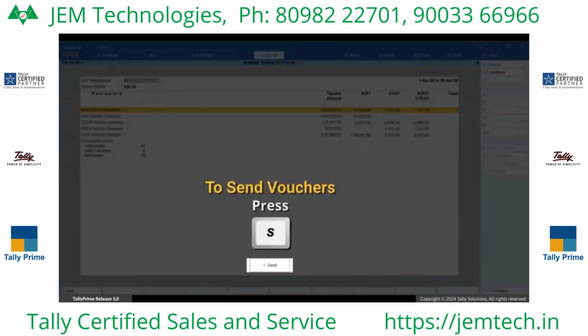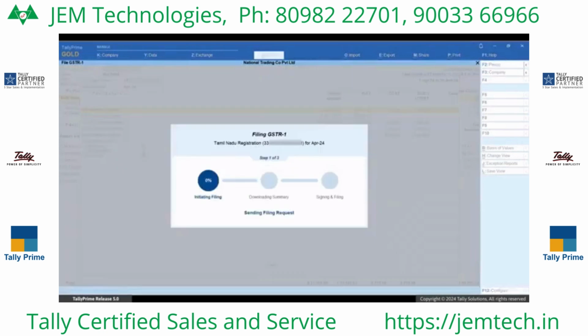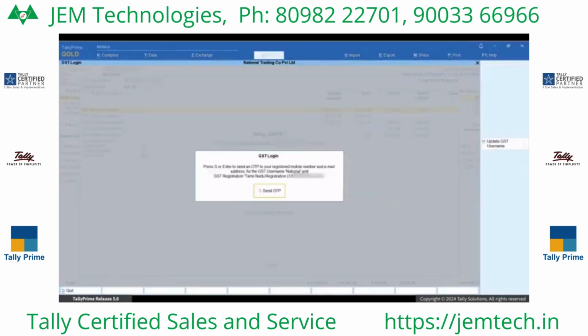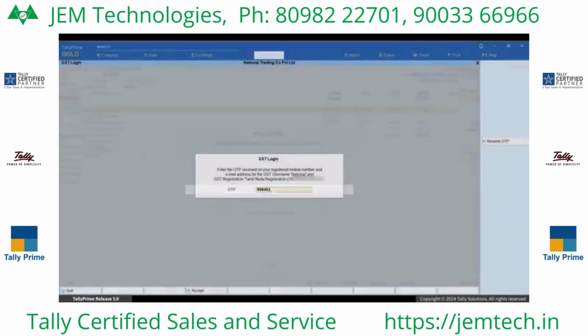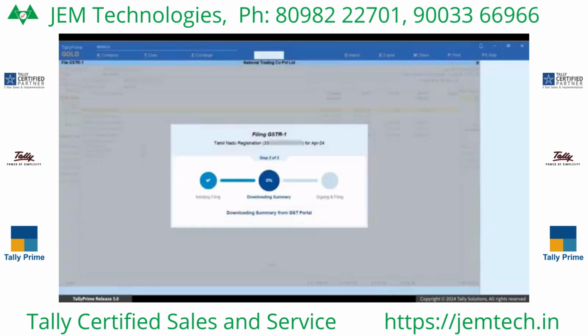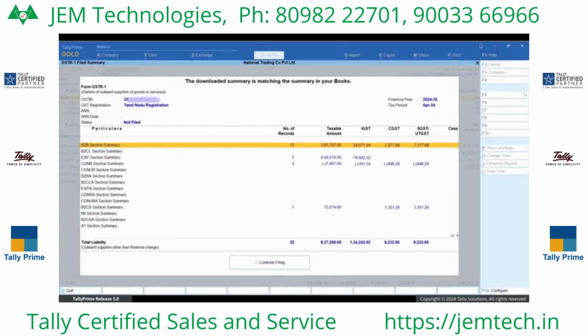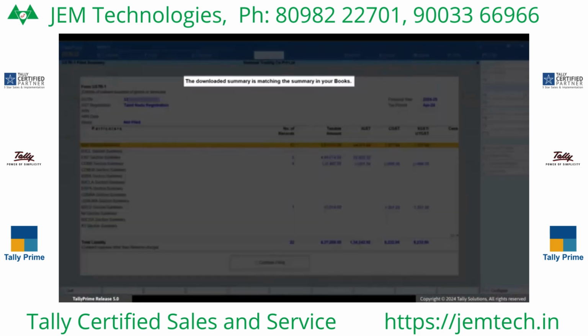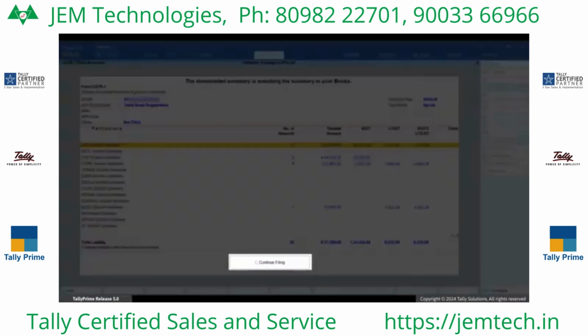Press S to send. Enter the OTP for GST login. You can see that the filing is initiated and the summary is getting downloaded. Once you know that the summary is matching to that in your books, you can continue filing.